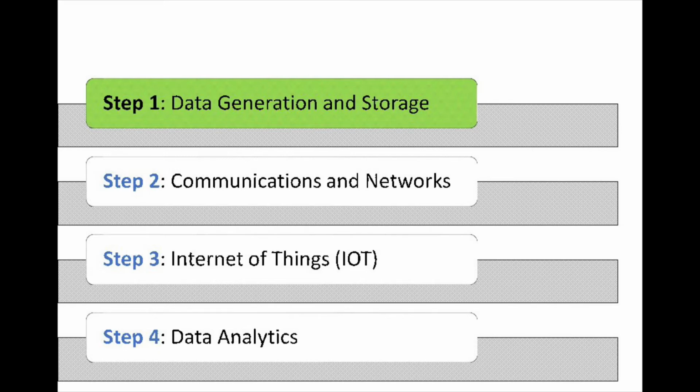Data is being constantly generated from smartphones, cameras, sensors, GPS, etc. at ever lower cost, and also the storage capacity of these devices is increasing tremendously. It is clear that a huge amount of data is being generated and stored. The data is the first element of digitalization.